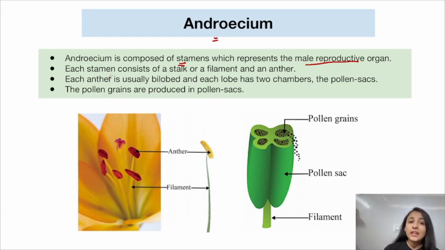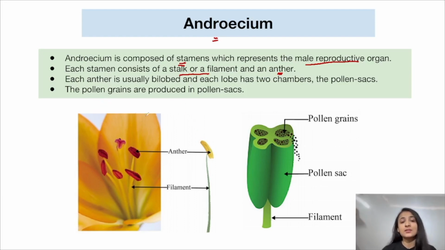Each stamen consists of a stalk, which is also known as a filament. Stalk and filament are alternative terms for the same structure. And an anther. This is how a stamen looks. It contains a filament, which is a long stalk-like structure. You can call it a stalk or a filament, and the top anther, this bilobed structure here, represents the anther.